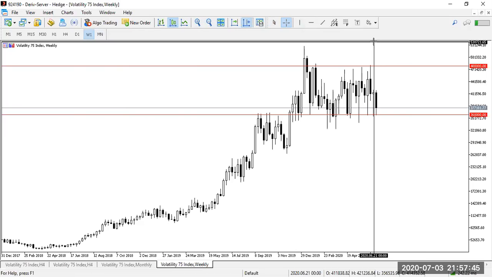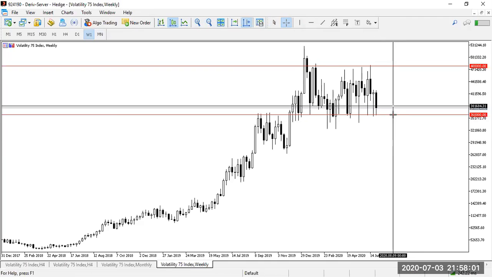It's an inside bar, and this is the last candle. When this candle closes, we'll be able to know where exactly we are going during this month. But our trading range in this case is this.